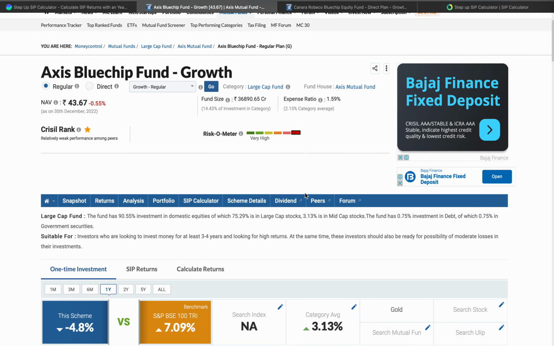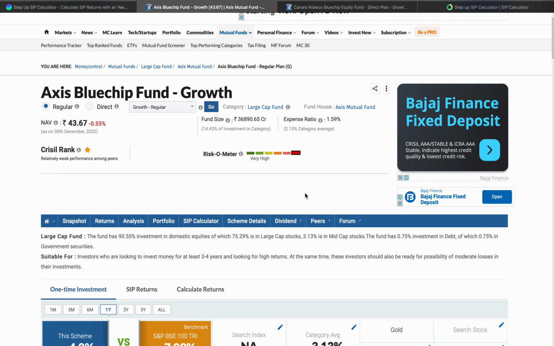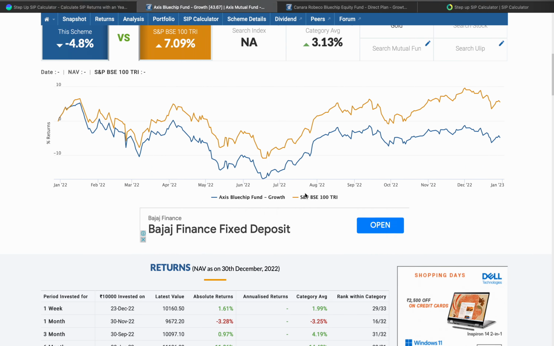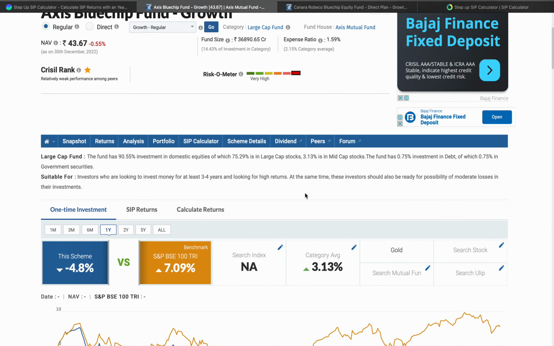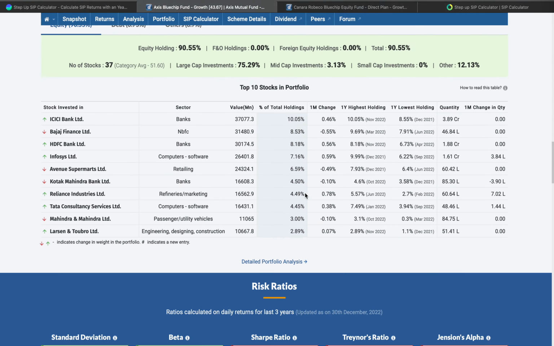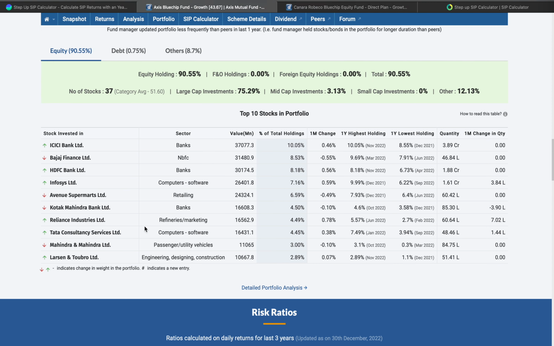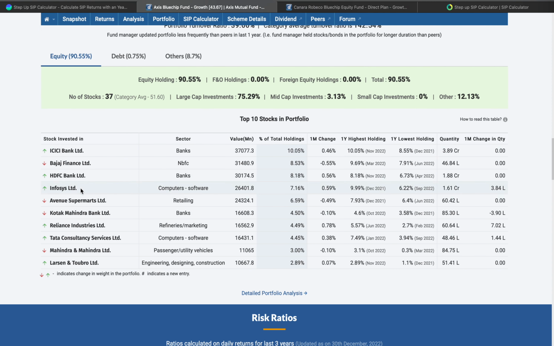Right. So now let's discuss why over diversification is not suggested. We are considering here Axis Blue Chip Fund, and if you see, these are the companies that this mutual fund is investing your money in, and you can check their weightage and everything here.